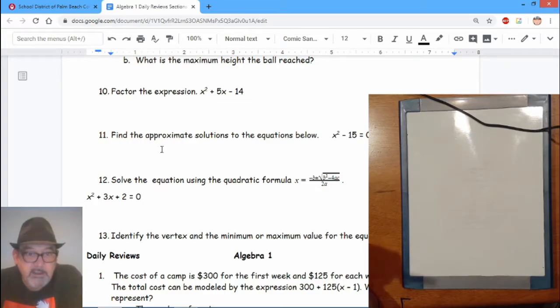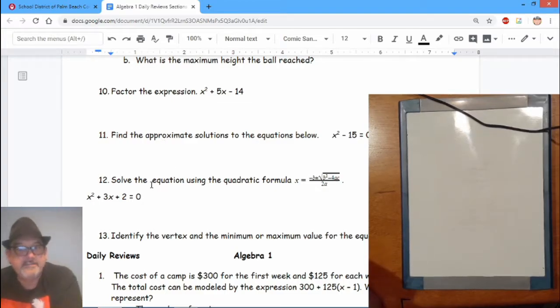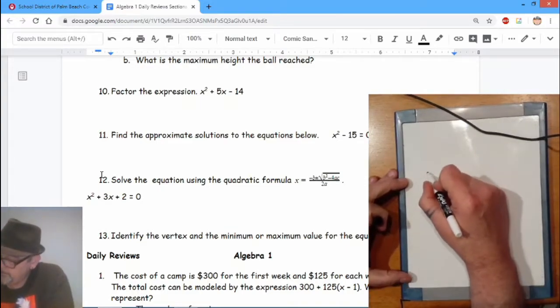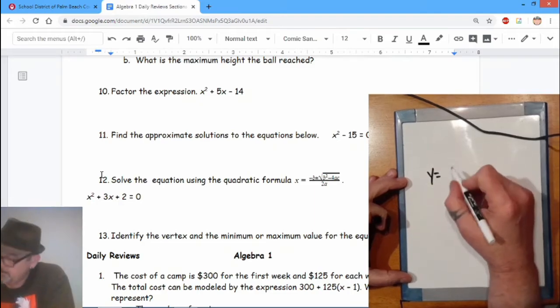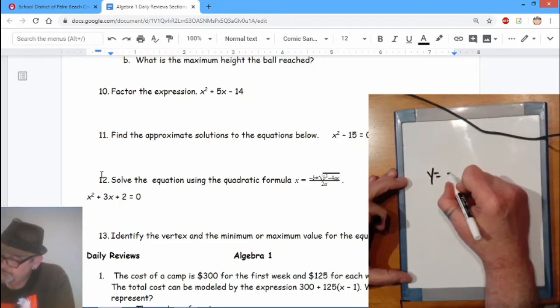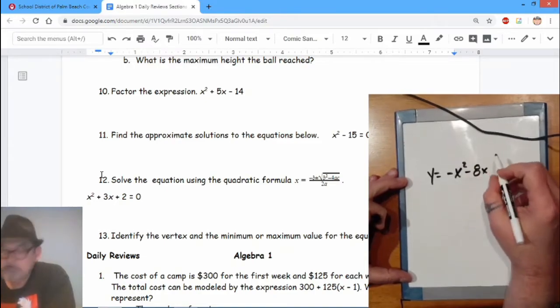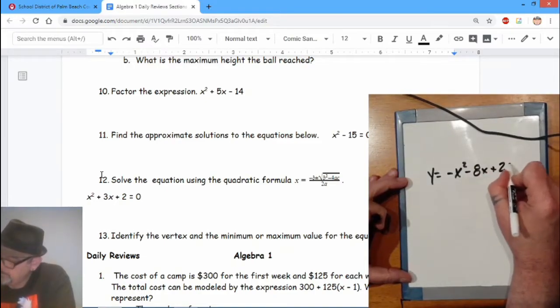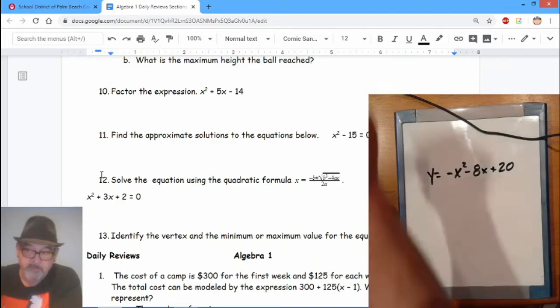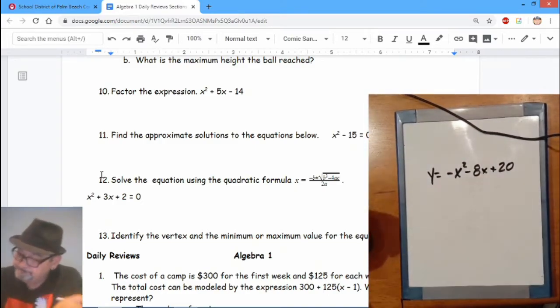And 13, identify the vertex of the minimum or maximum value. Okay, so again, we have a quadratic equation. Y equals negative x squared minus 8x plus 20. Now, I don't know how many of you guys remembered this, but remember, a quadratic is a parabola.